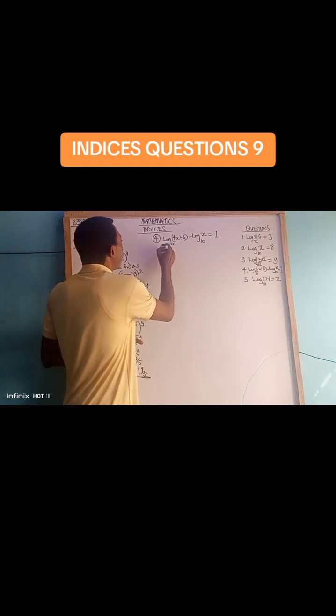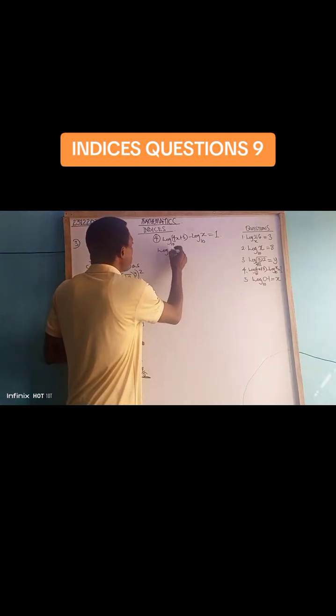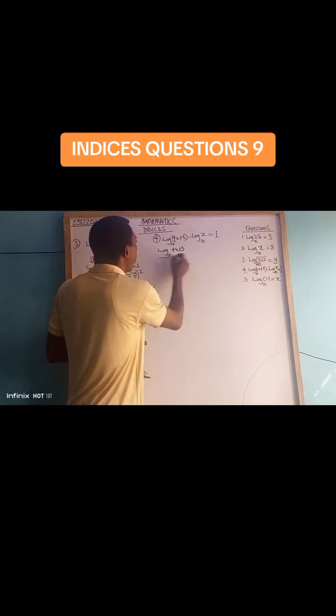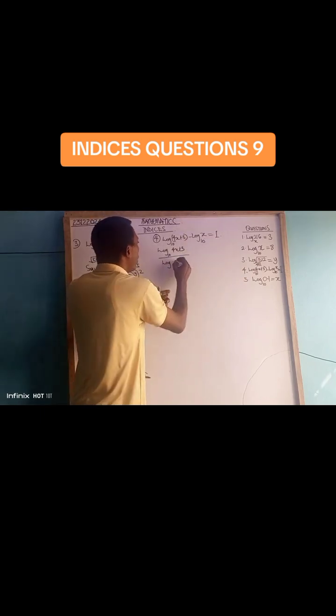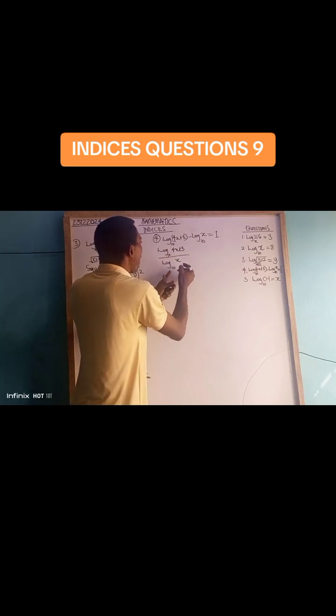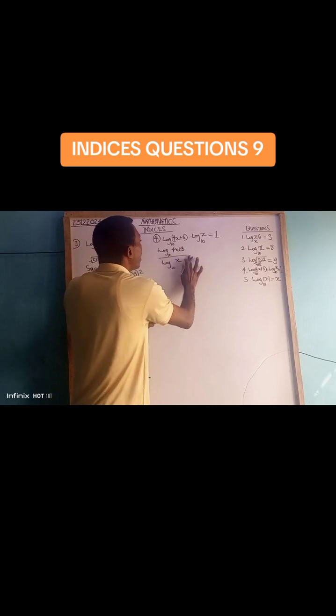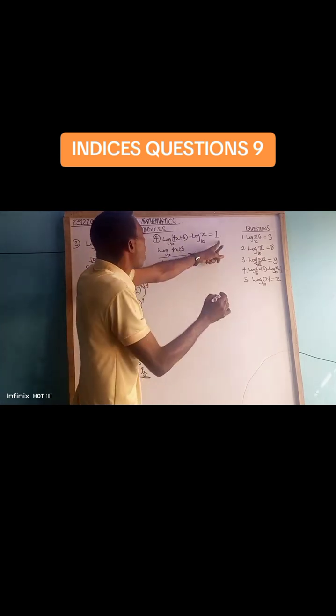So that means we will say log 4x plus 3 base 10 over log x base 10, because it's minus, that will be division.